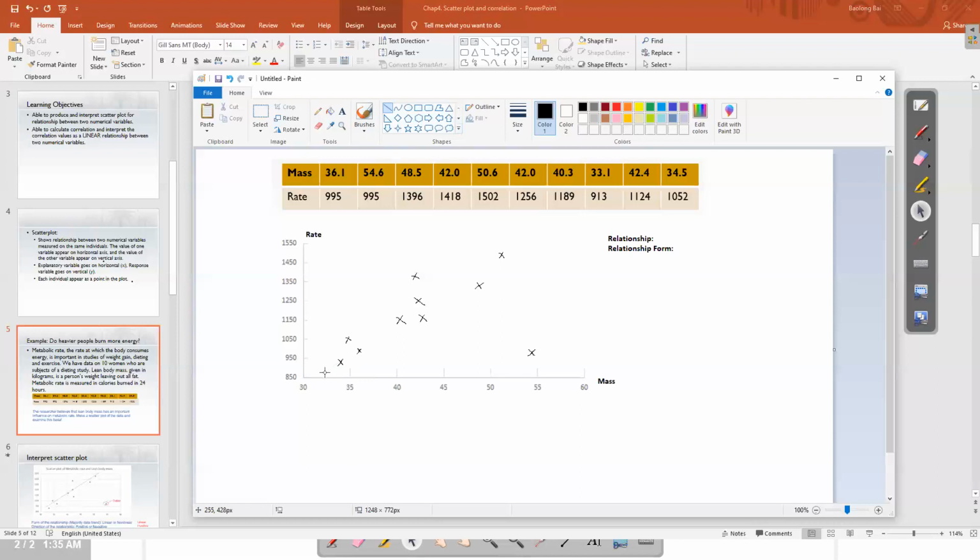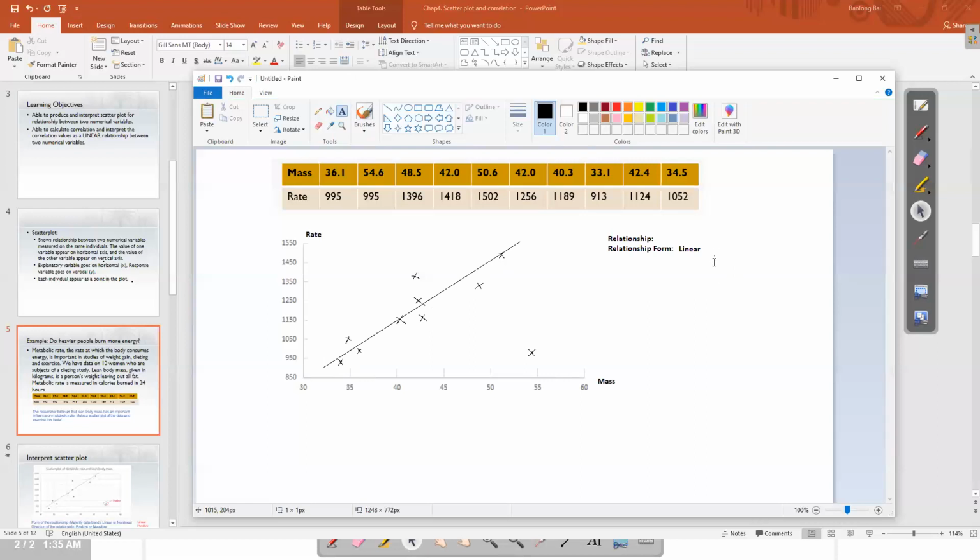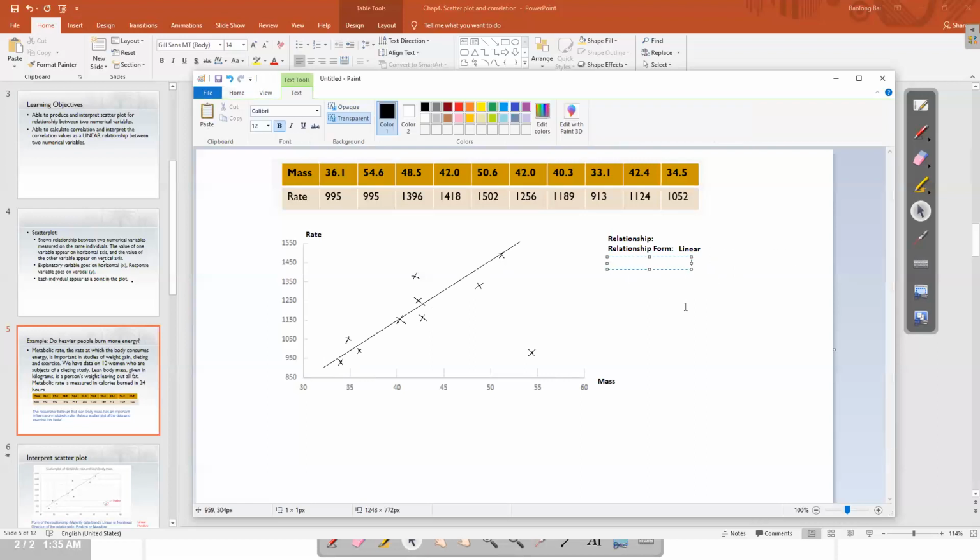So for example, the majority of the data trend is something like this, right? So apparently the form is going to be a linear form. The form could be linear or nonlinear, and you have all different kinds of nonlinear relationships, but we're going to focus on linear relationships. Relationship form, that's very easy to obtain, right?